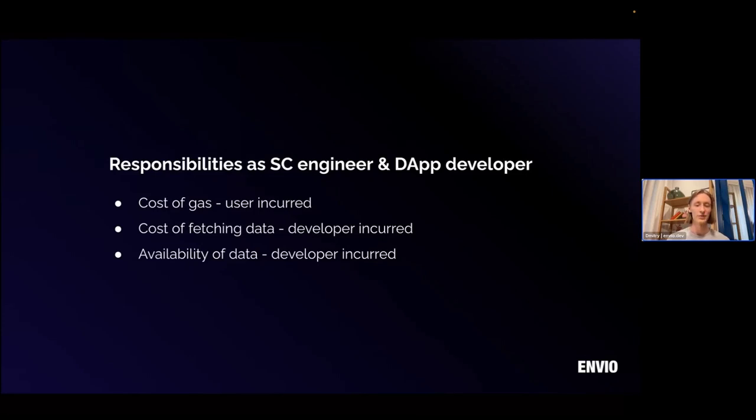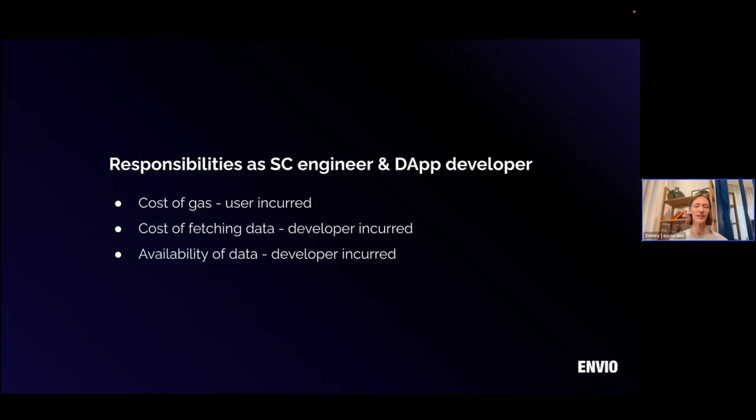Also, there is the cost of fetching data, which also costs something. And if we want to create some cool apps, we need to read data from smart contracts and we need to pay for this. Also, what's important is availability of data, that we can get data fast, have it reliable, so we should know that it's always available.